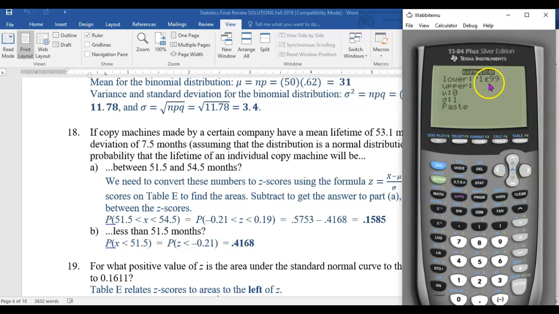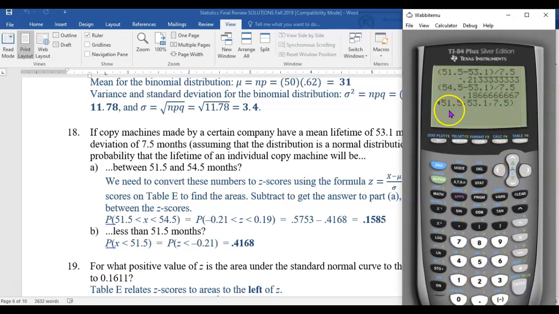And I can just go ahead and use what it gave me, or I can put in something like negative 99999 or something like that. My upper limit on this one is 51.5. My mu is 53.1, and my sigma is 7.5.